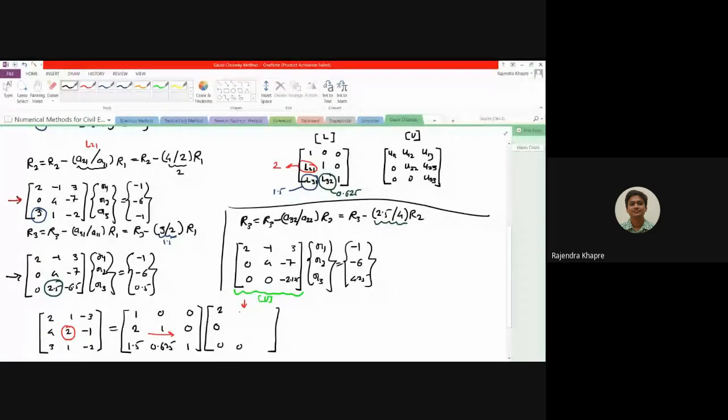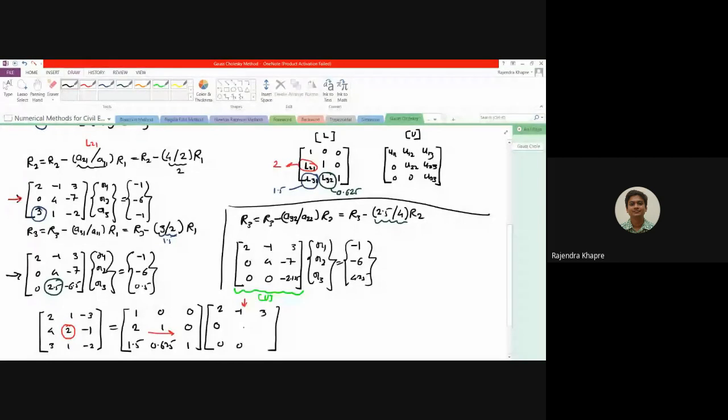So this is 1, this will be minus 1, this will be 3, this will be 4, this will be minus 7, and this is minus 2.125. Now you please cross check the answer. If you are getting it, fine. Just go for the central one, that is 2. 2 can be calculated by multiplying the middle row and the middle column. Are you getting this as 2?